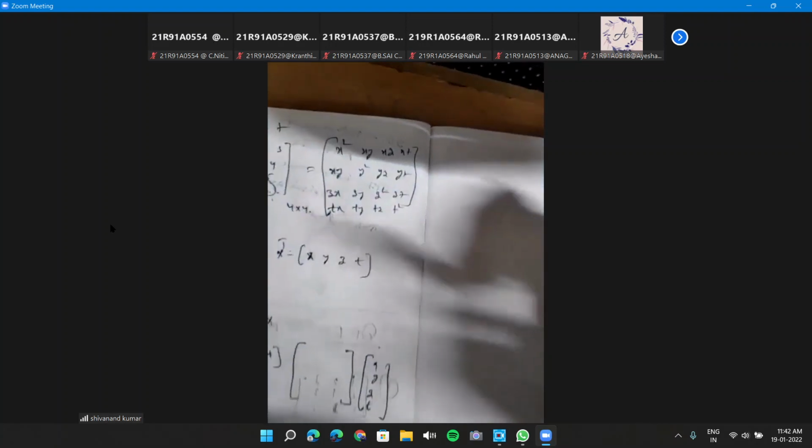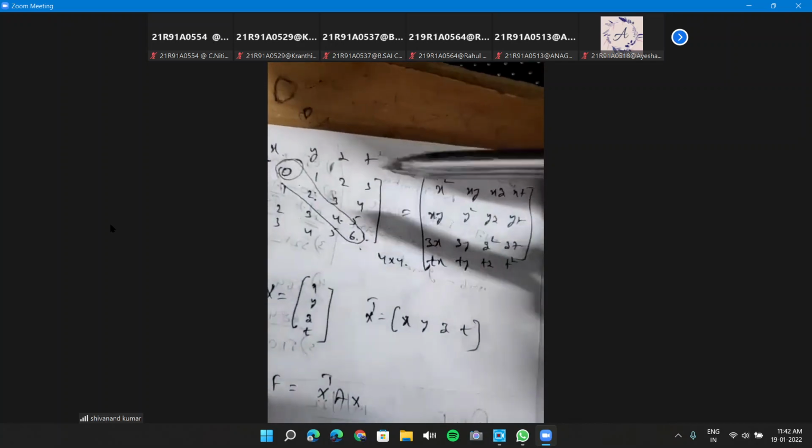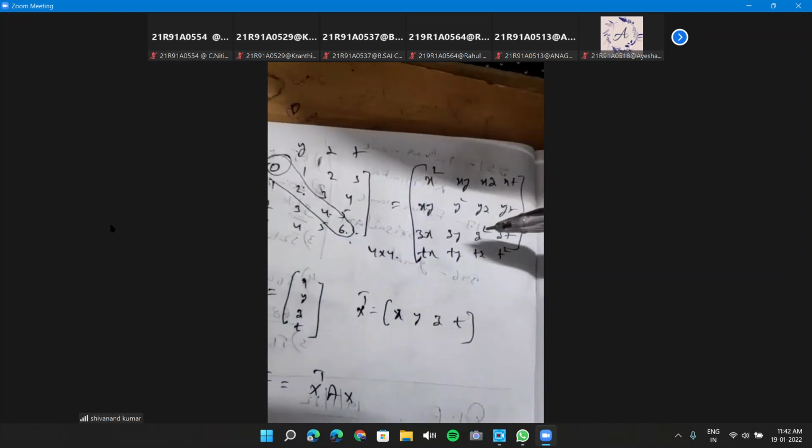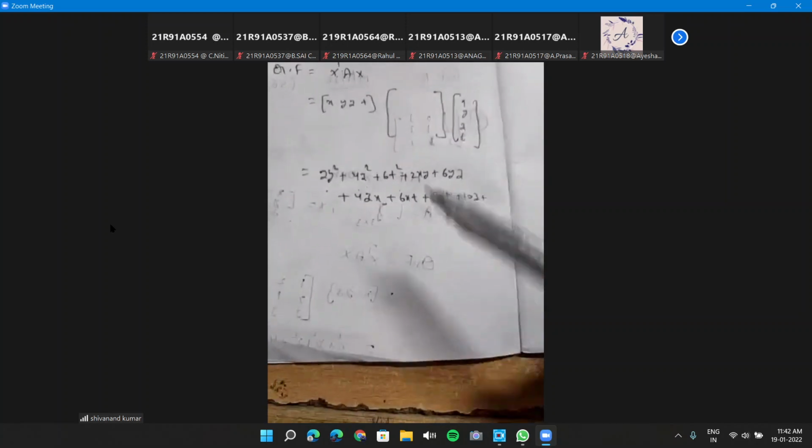Now see here, the x square coefficient is 0, y square coefficient is 2, z square coefficient is 4, and t square coefficient is 6. I am writing it directly like that.